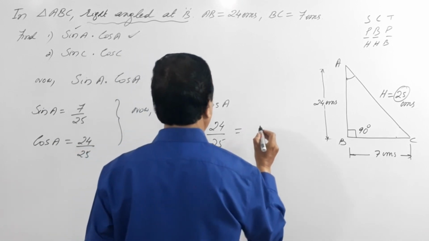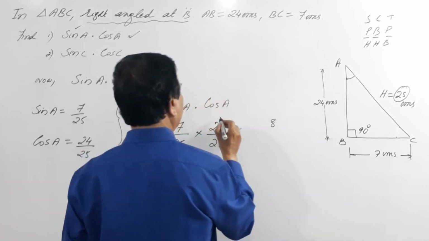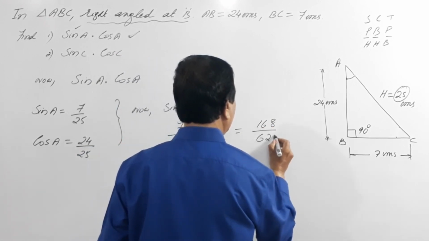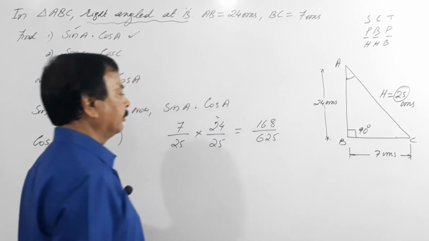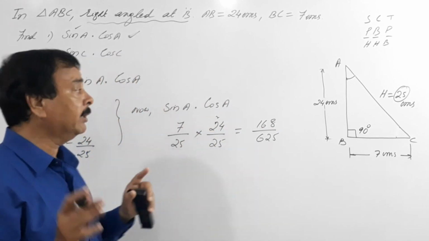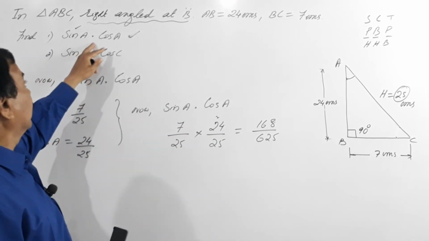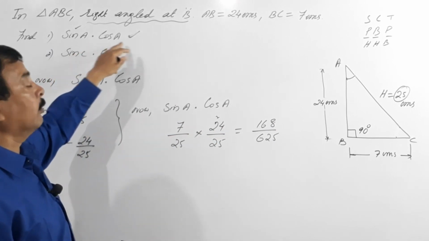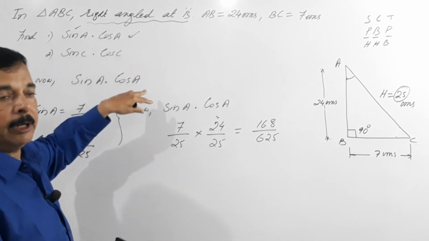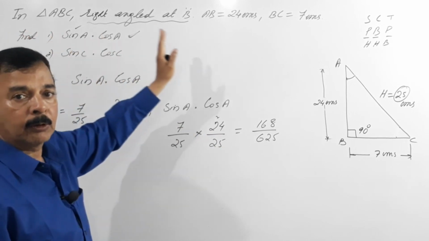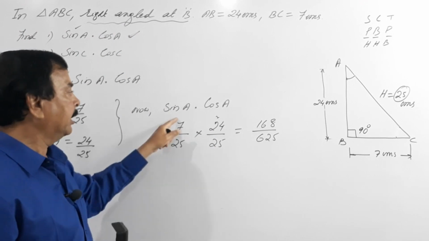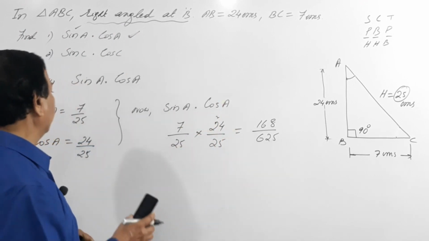This is 7 4 are 28, 2 7 14, 168 by 625. तो ये बन गया. अगर इन दोनों को मल्टीप्लाई करती है, if the examination में ऐसा, अगर sin A into cos A means you have to do this. If they ask you sin comma cos A means इसका मतलब sin A सेपरेट ढूंढो, cos A सेपरेट ढूंढो, इसका मतलब यही है. तो sin into cos A is this much. तो ये भी जान लो.